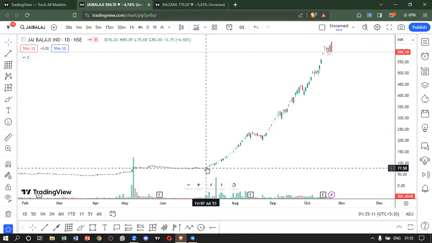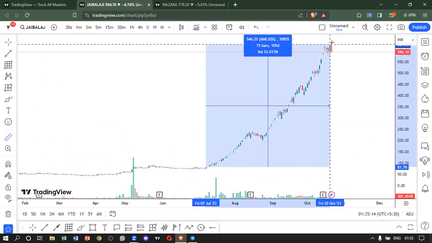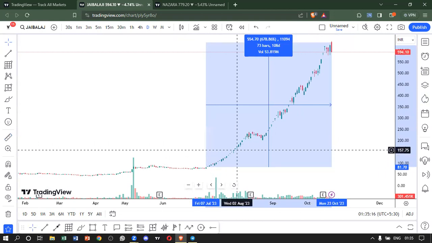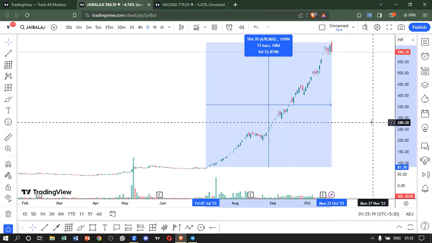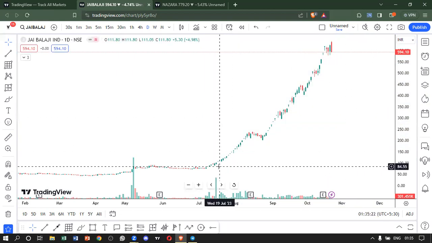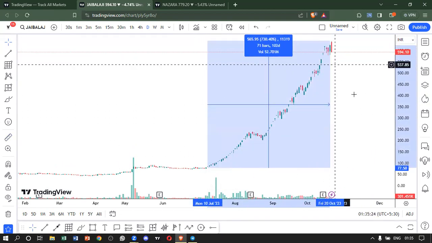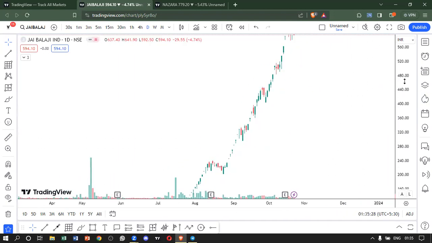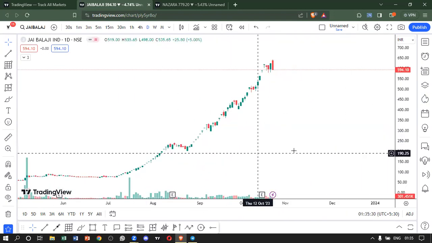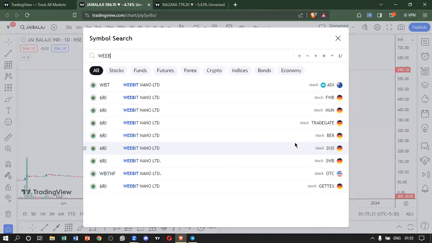I know the holding period seems a little bit high. If someone has held on to the stock, then within a matter of 108 days, his money would have become 7x. So I don't think the holding period is that high, relatively, because of the massive gains that you make in such counters.